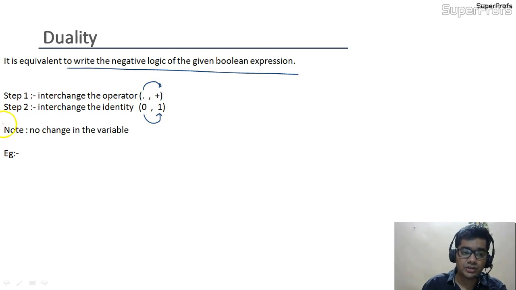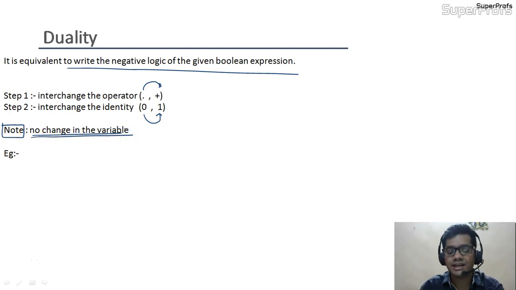One point to remember, students, is that there is no change in the variables. This is the difference between duality and the complement. In the next slide we are going to see the complement, but remember, in duality there is no change in the variable.